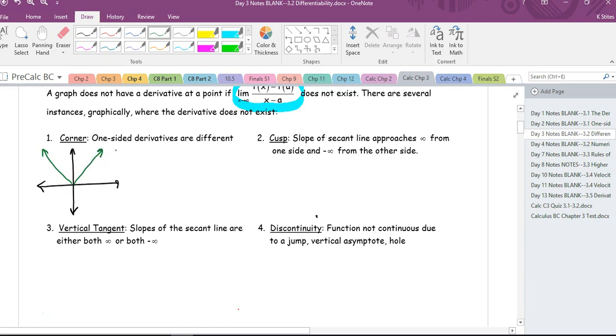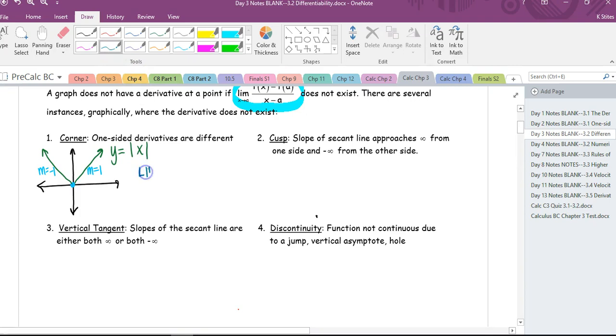All right, so if you have the equation y equals the absolute value of x, you know that you have a vertex at (0, 0), and in this situation, to the right of 0, or greater than 0, the slope is 1. And when x is less than 0, your slope is negative 1.